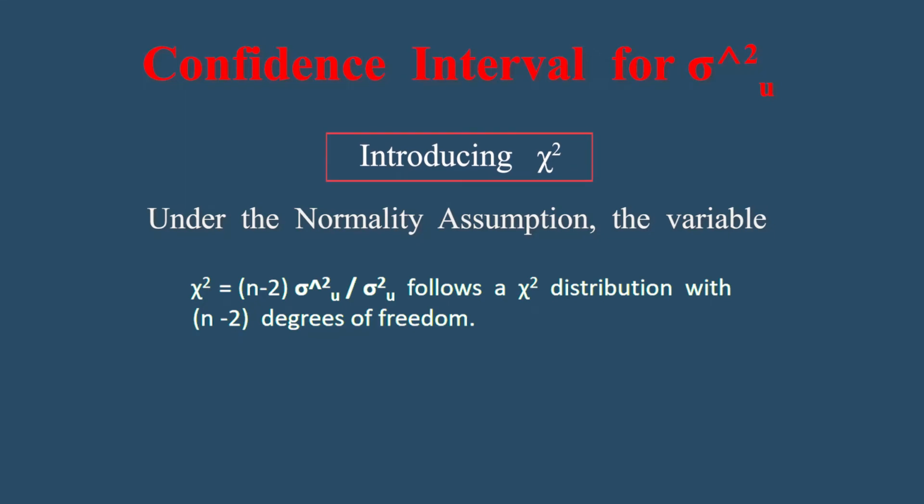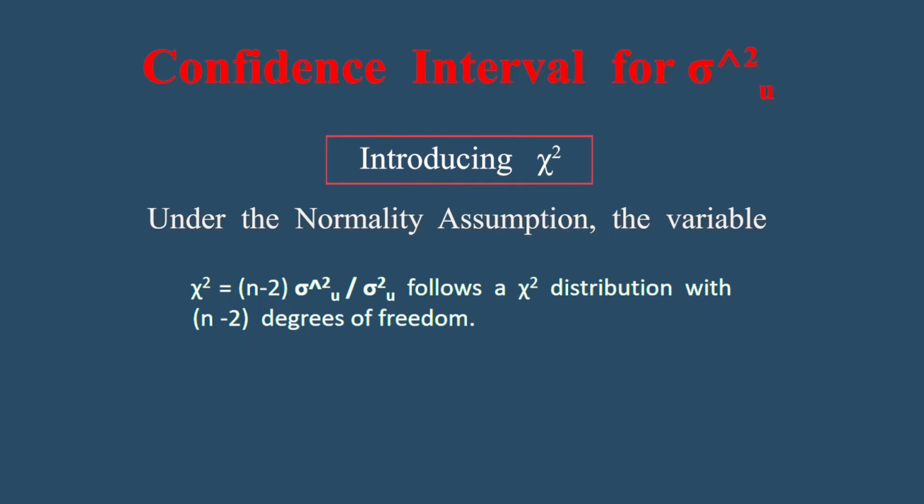In order to define a testing of hypothesis for the random term or the disturbance term, we have to go for a non-parametric distribution. Till now, the discussion was only on symmetric or parametric distributions where the underlying distribution was normal. That is how we go for the z or the t distribution. But here we make a departure and go for a new distribution called the chi-square distribution.